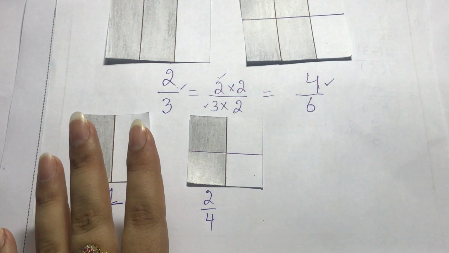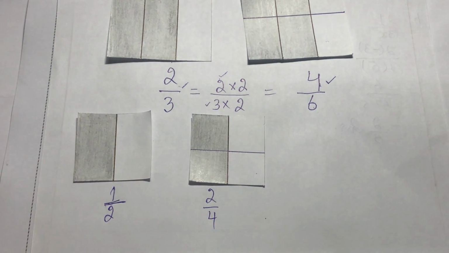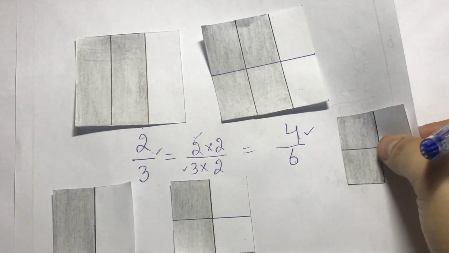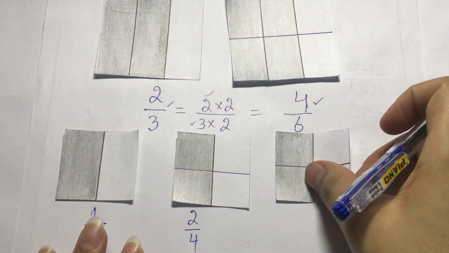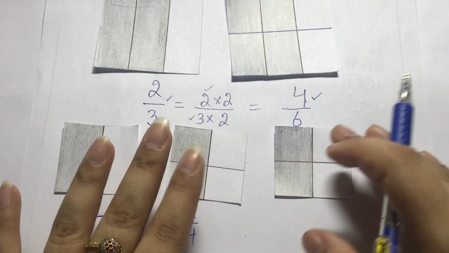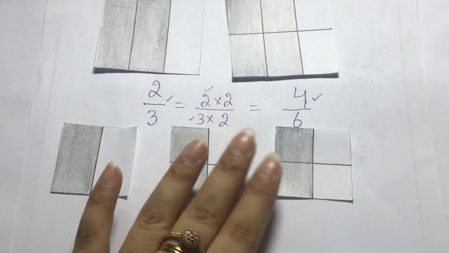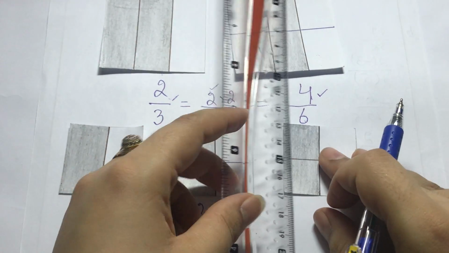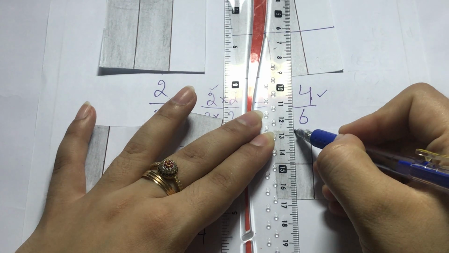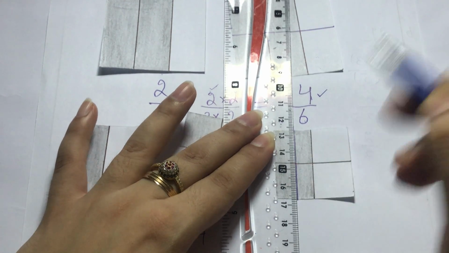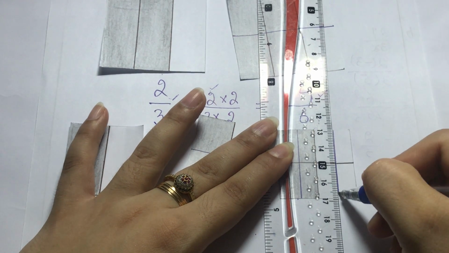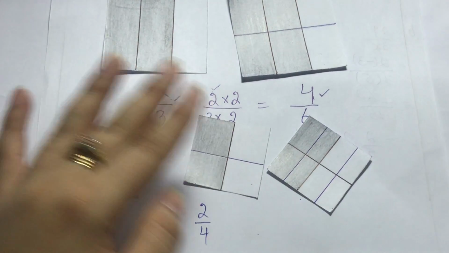Now let's see, if I divide this 2 over 4 shape again like this, if I divide both these parts further into 2 equal parts like this, right?